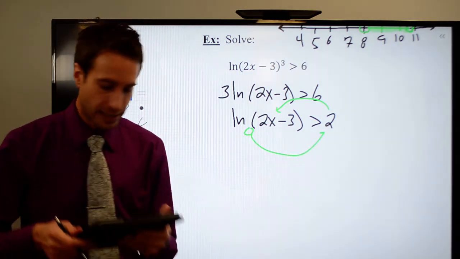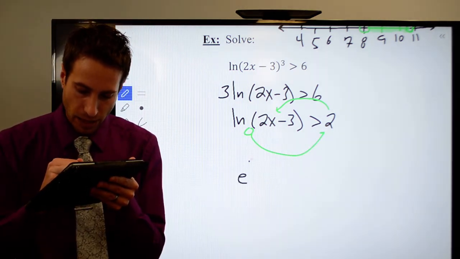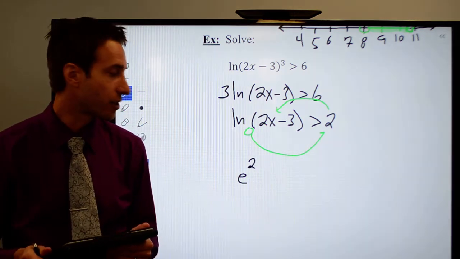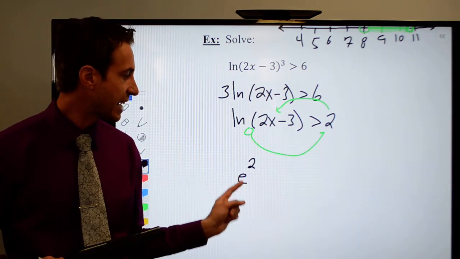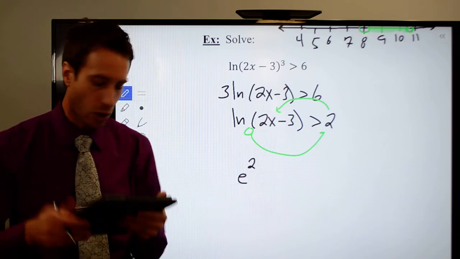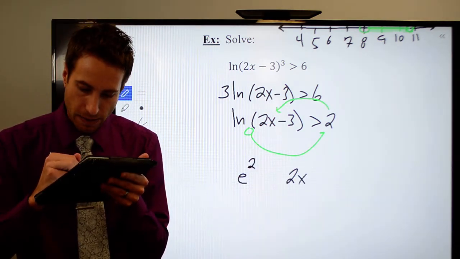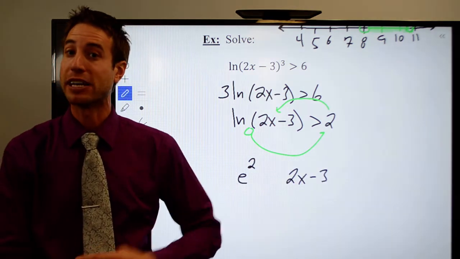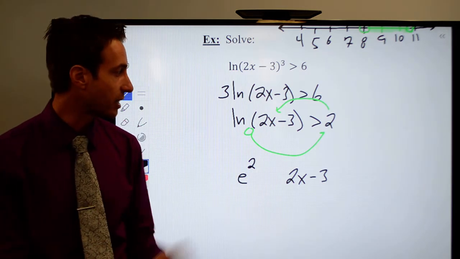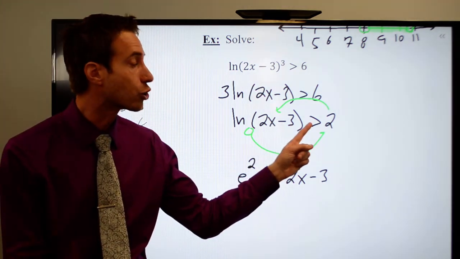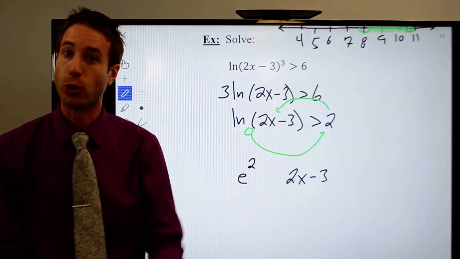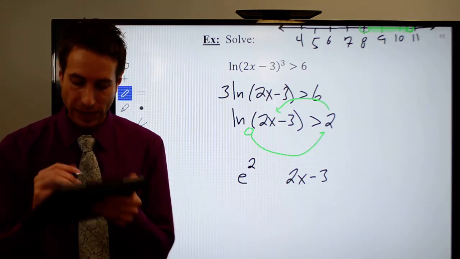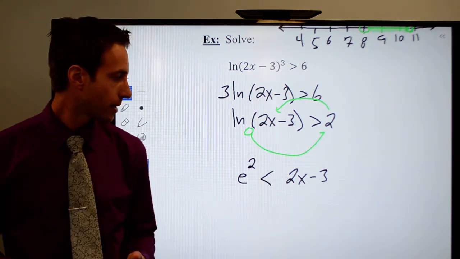It'll be e to the 2nd power. I'll hold off on the inequality for a second just to make sure I don't make a mistake. e to the 2nd power, come around the inequality to the 2x minus 3. Now what I need to do is make sure that I don't flip my inequality. 2x minus 3 is greater than, so down here, 2x minus 3 needs to still be greater than. Right, so there we go.